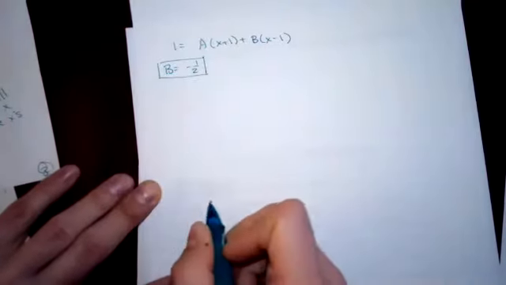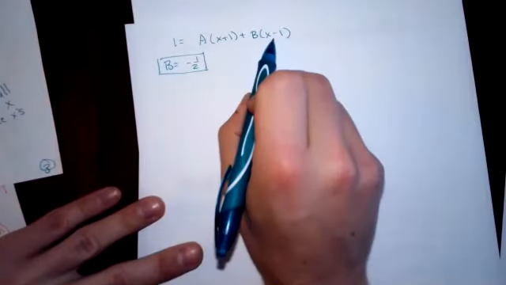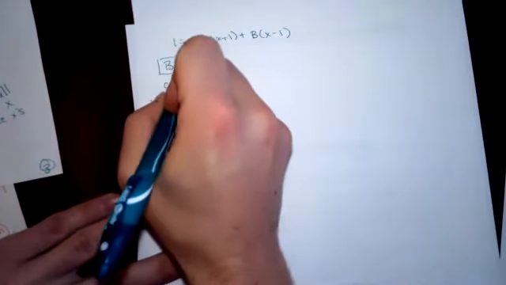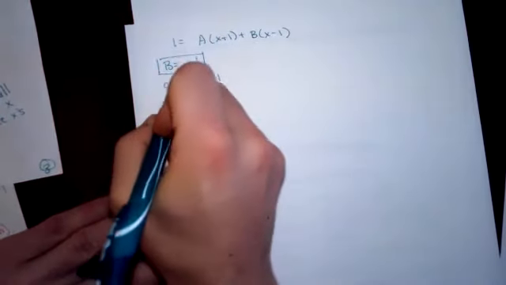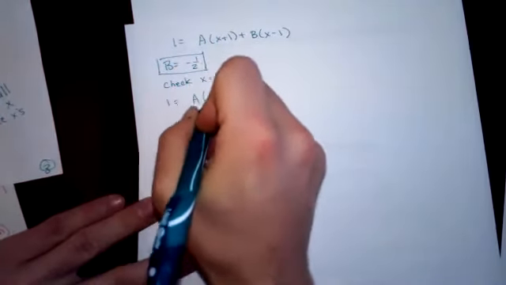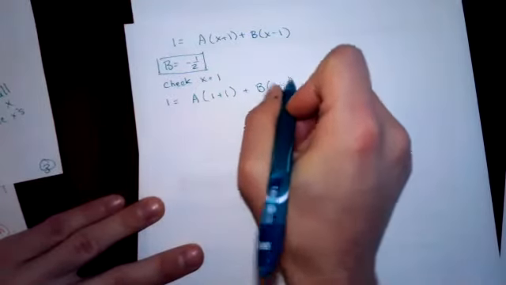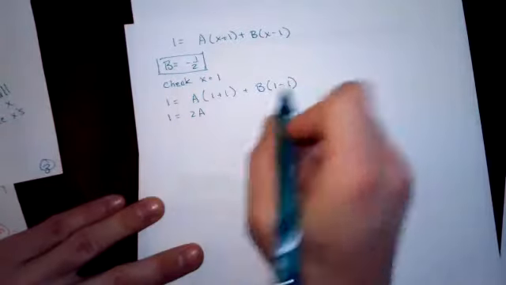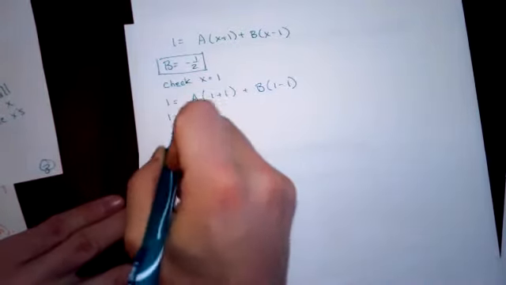I could plug that in if we wanted to, or we could just check another nice value for x. Say x equal to 1. And so what do we get? The b term then goes away, and now I can solve for a easily.